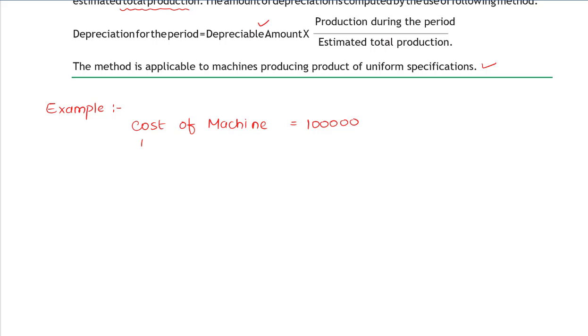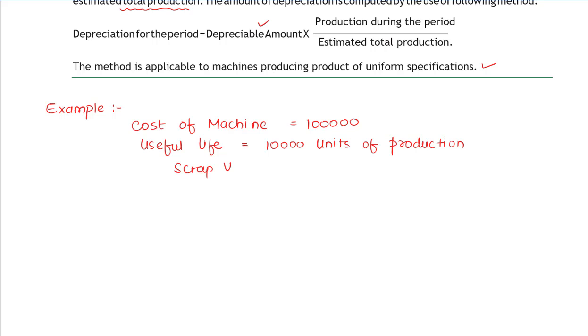Useful life is 10,000 units of production.